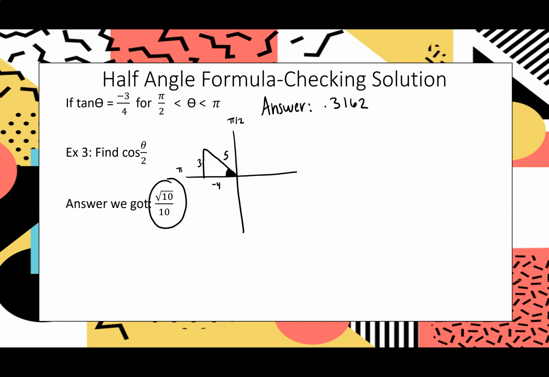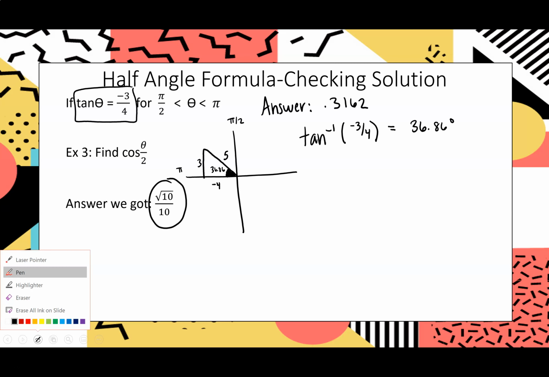So finding that angle, we do tan inverse of -3 over 4. It could give you a positive, could give you a negative, no big deal. Just make sure it's a positive here. So that's 36.86 degrees.